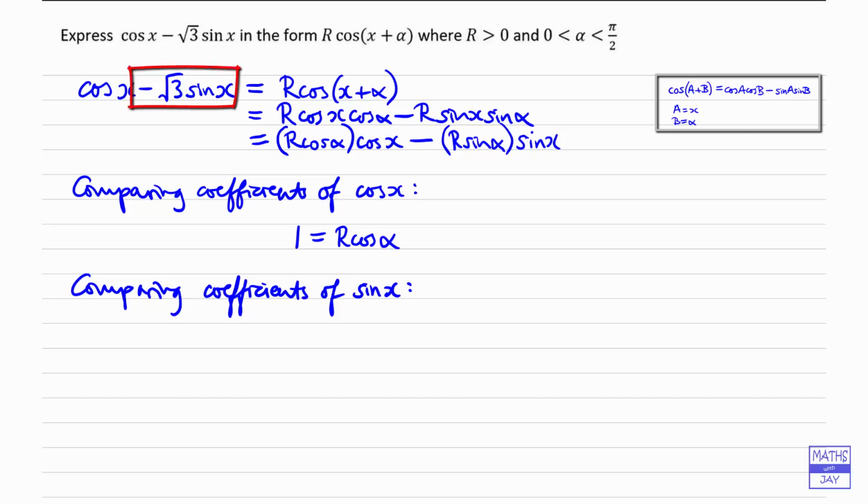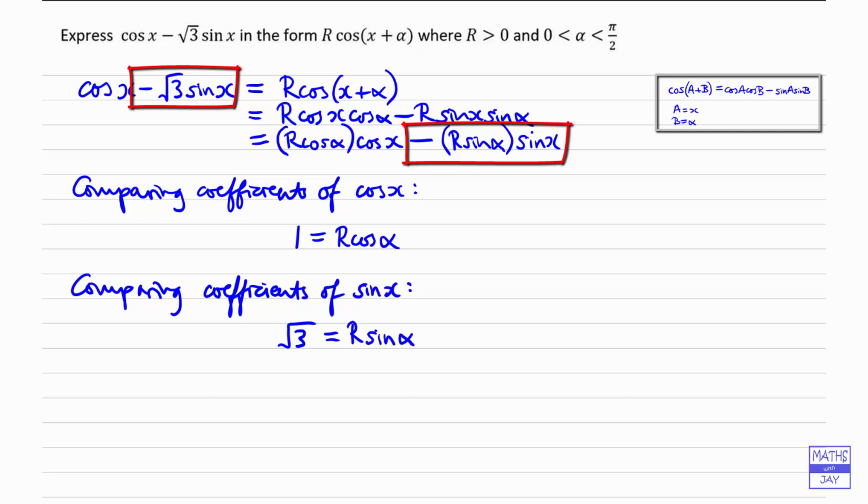On the left-hand side, we've got minus root 3 times sine x. Looking at the right-hand side, we've got minus r sine alpha. So root 3 must be the same as r sine alpha.